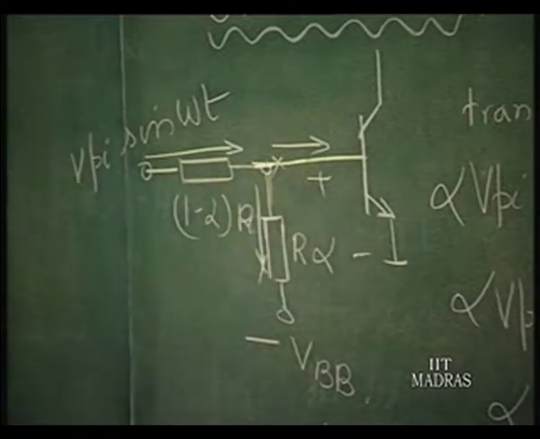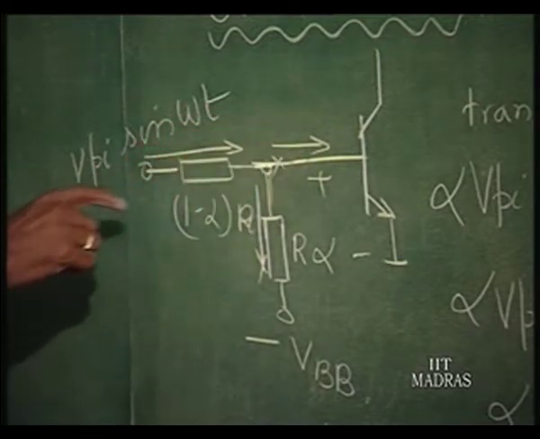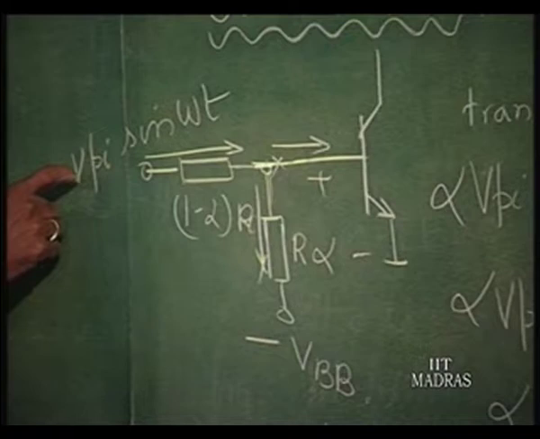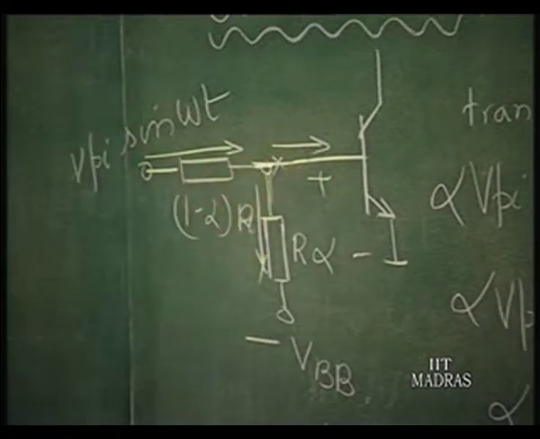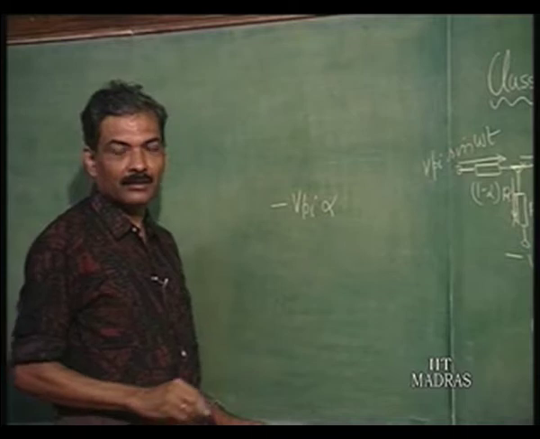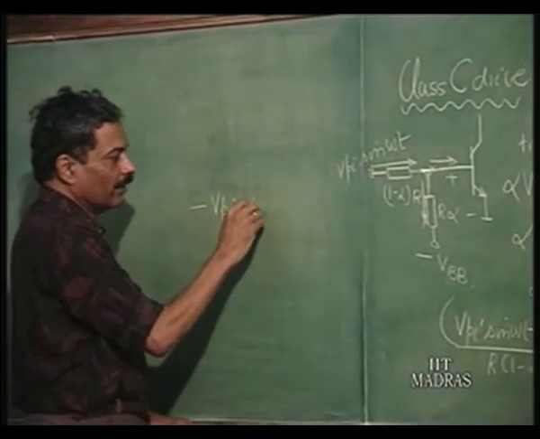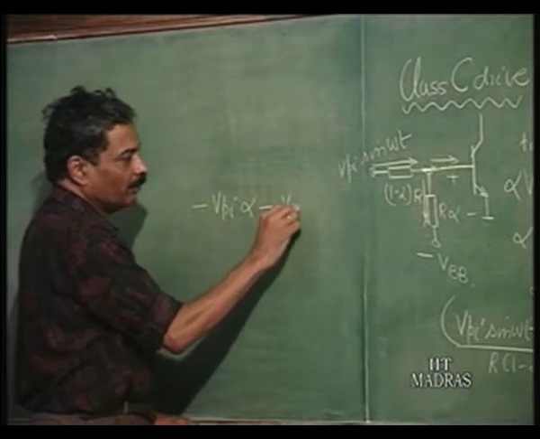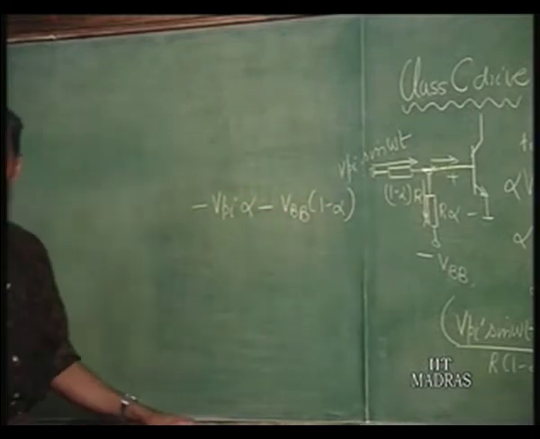So, then when this is not conducting and this goes negative, this voltage will go to the most negative potential. That means minus VPI into alpha minus VBB into 1 minus alpha, that is the maximum negative voltage.